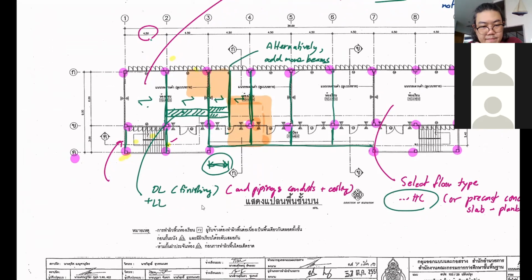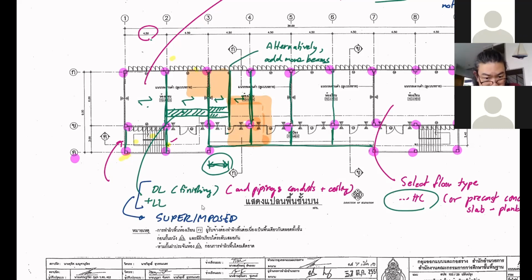Every load except the weight of the floor, we call this thing superimposed load. It's the load that is imposed on the floor. And generally, when you go to the catalog, they will say that you select the floor based on the superimposed load.